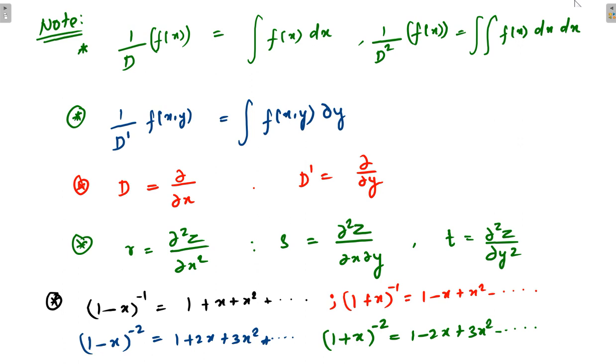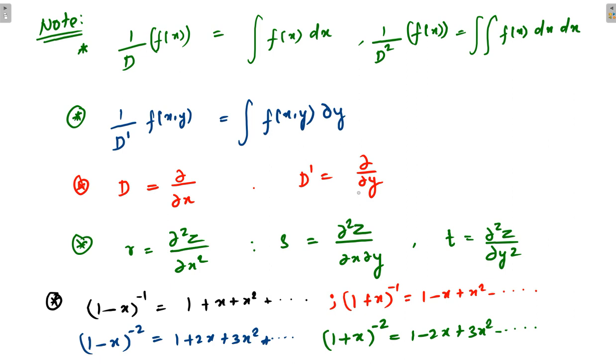So these are the formulas you must know. The meaning of 1 by d square, 1 by d dash, and so on. These are the things you must know. 1 by d is nothing but, already we know, d is dou by dou x. D dash is nothing but dou by dou y. It is a differential operator.